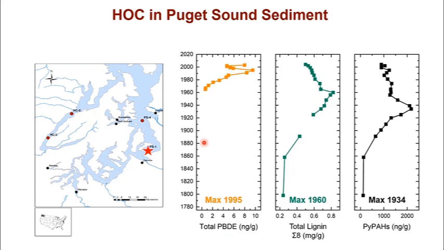As you can see, this is an anthropogenic compound. I guess it was invented, or at least found in Puget Sound, after the 60s, and peaked somewhere in the 90s. And then I guess as the phase-out started, it degraded. So this marks one of the anthropogenic signals. The sum of lignin and pyrolysis polyaromatic hydrocarbons.